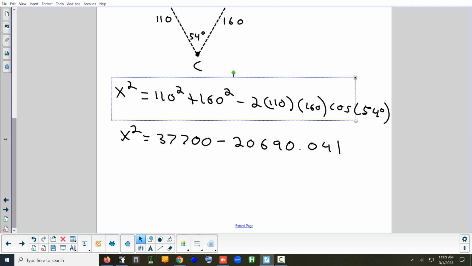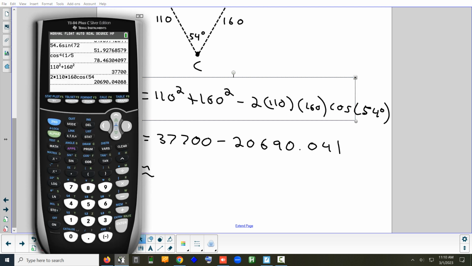And what would be my last step? I can subtract those two, but I'm going to do that in the last step as well. Find the square root of 37,700 minus 20,690.041.